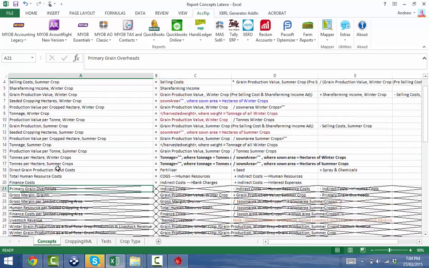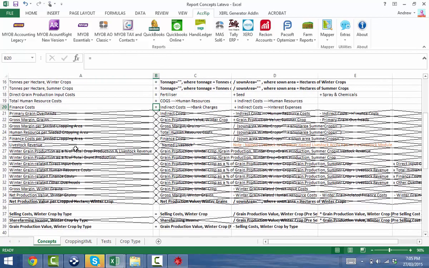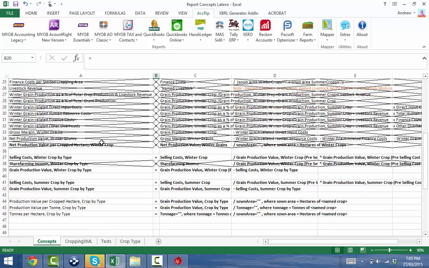Same with other overheads. It's just meaningless garbage that was done by the previous analysts. So we're just simply going to focus on the high level stuff, which is what I've covered off on here. Direct grain production input costs are these, total human resource costs are these, finance costs are these, but we won't do it relative to any weight or anything. We just report them very simply.